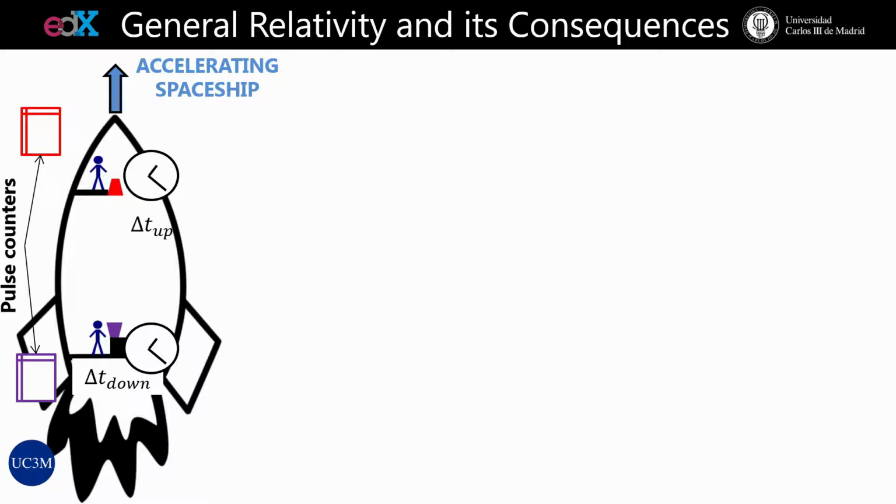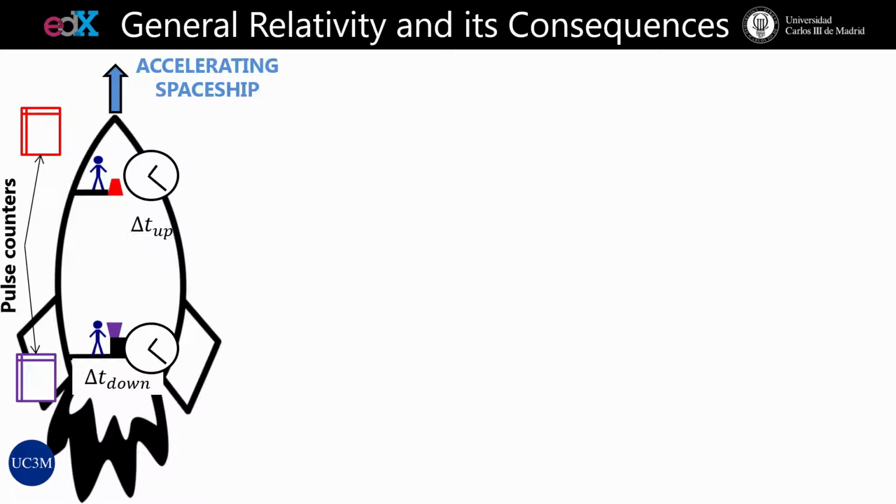Imagine an upwards accelerating spaceship with 2 astronauts, one at the top and one at the bottom of the spaceship. Suppose that the top astronaut sends pulses of light at a constant rate with the help of a clock. At the same time, the bottom astronaut measures the time between the receptions of such light pulses.